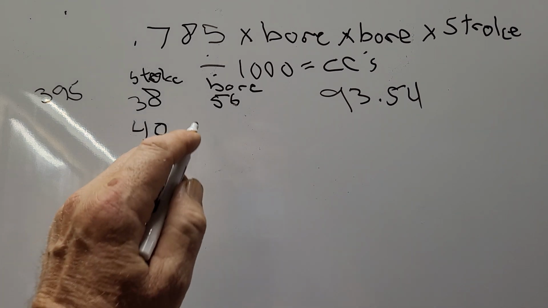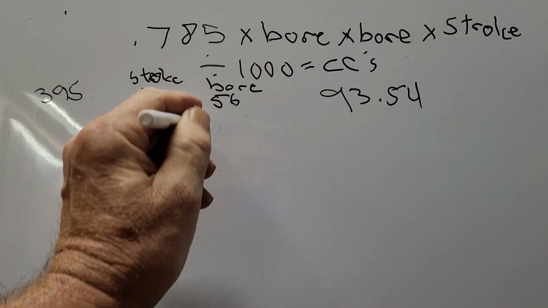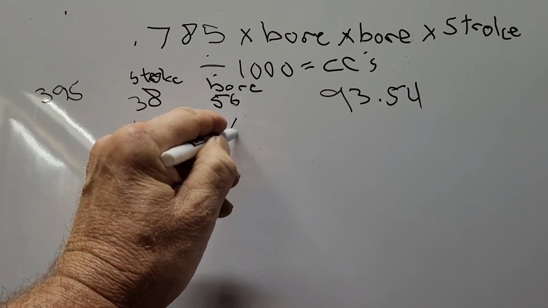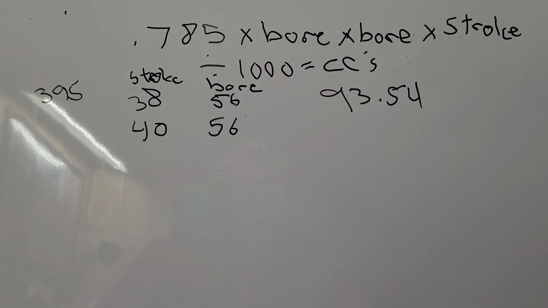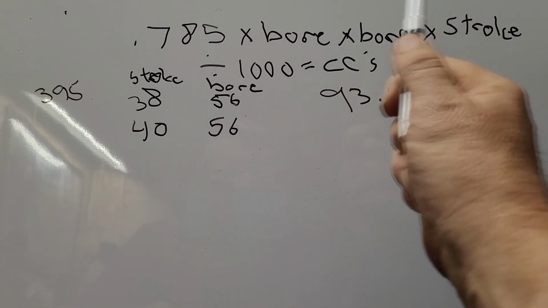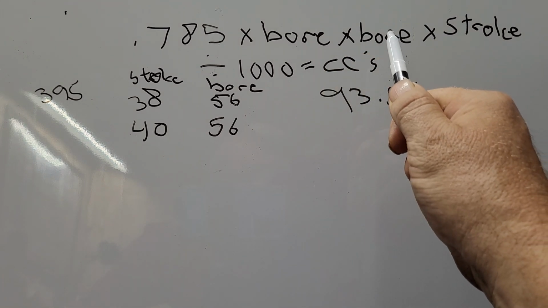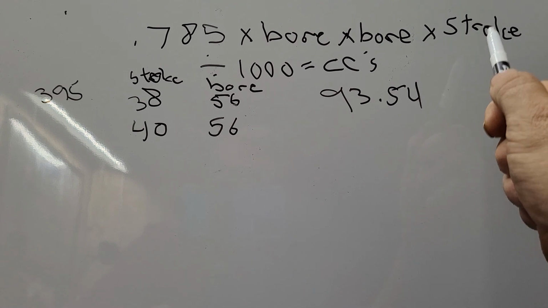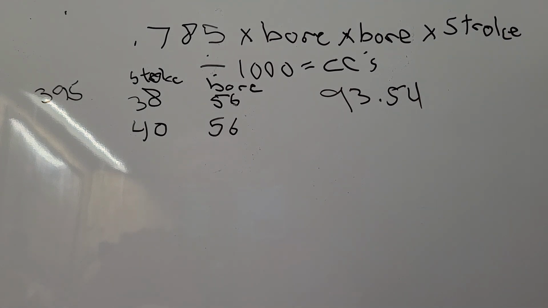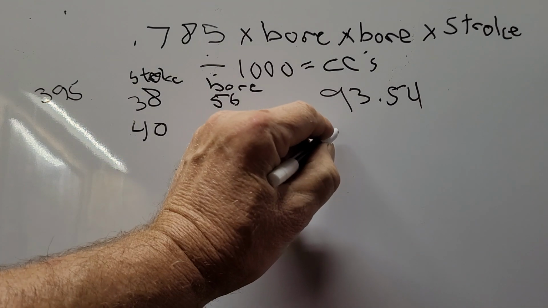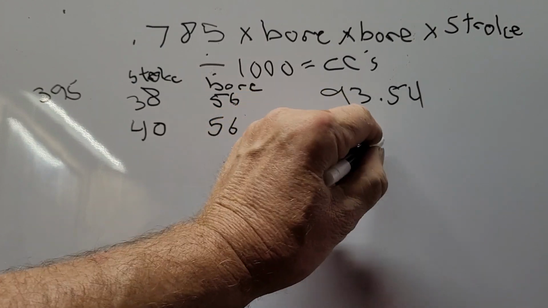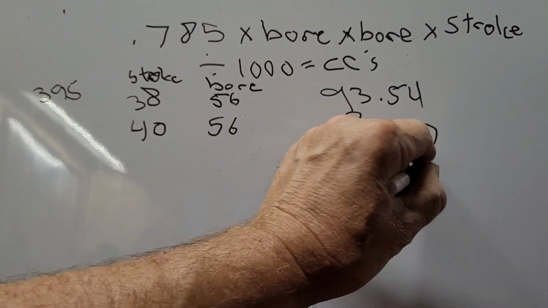Now, we'll keep it a 56 millimeter bore. So you do your 0.785 times 56 times 56 times 40 millimeters. You end up with 98.47.